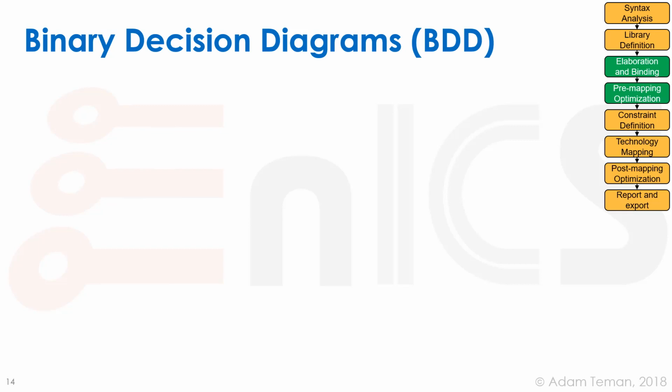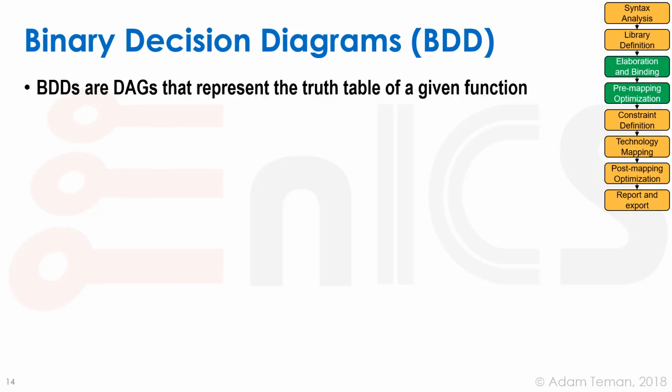I want to now just go into one of the structures that is used for storing Boolean logic, for storing truth tables inside a computer or in general, and it's called a binary decision diagram, or BDD, and it's very widely used throughout synthesis and throughout different algorithms that do all kinds of things on netlists.